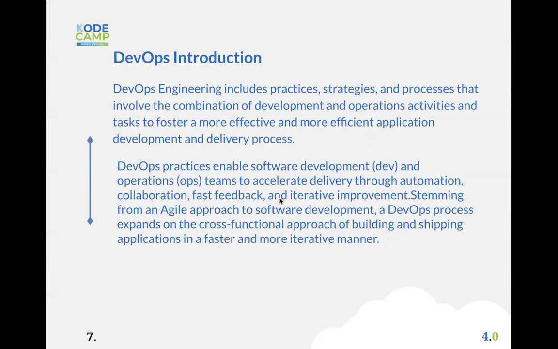DevOps in itself involves practices, strategies, processes that help to bring together teams and activities from the development teams and the operation teams in order to create a better and more effective application development, delivery, and management process.